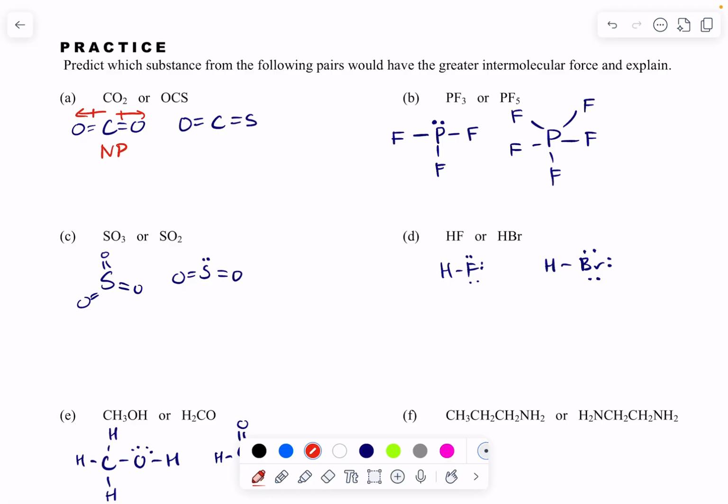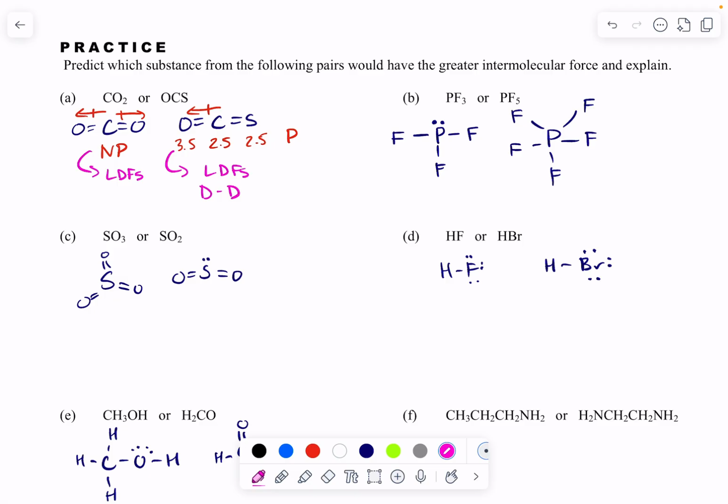When we get to OCS, oxygen's 3.5, carbon's 2.5, and sulfur is 2.5. So we just get a single dipole arrow going this way. That makes this guy polar. Something that's nonpolar is going to have LDFs, and that's it. Something that's polar, like this guy, is still going to have LDFs. But because it's polar, it's going to have dipole-dipole.